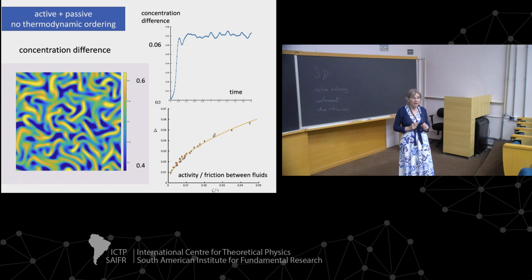We turned on the activity in the yellow fluid, in one of the fluids, and then what you get is this microphase separation. It's not much of a microphase separation. The yellow bits have 60% of the active fluid, and the blue bits have 40% of the active fluid. But there's a definite phase separation there, just driven by this difference in activity.